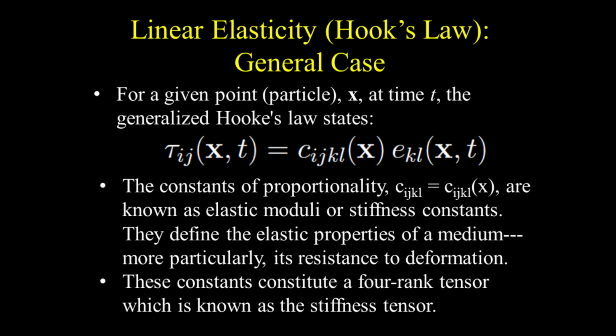The constants of proportionality are known as elastic moduli, or stiffness constants. They define the elastic properties of a medium, more particularly its resistance to deformation. These constants constitute a 4-rank tensor, which is known as the stiffness tensor.